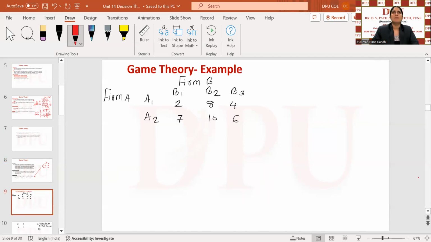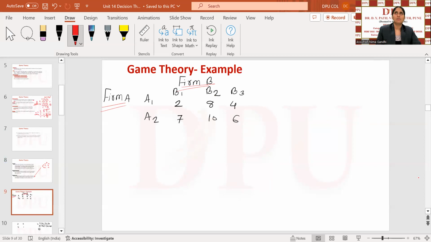So this is one of the examples of the game theory. We have already solved this for form A and form B. So for form A, which criteria are you using?